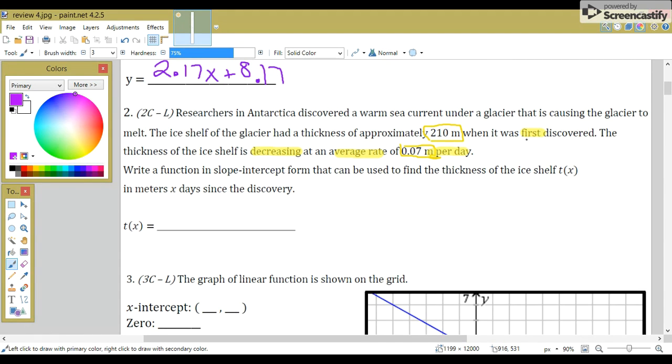So first is going to be b, that's 210. Average rate, that's m, we know it's decreasing, so that's a negative 0.07 meters per day.